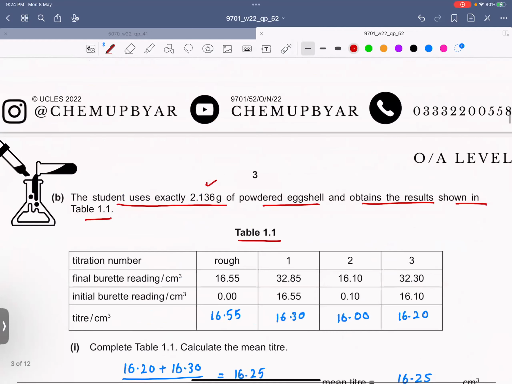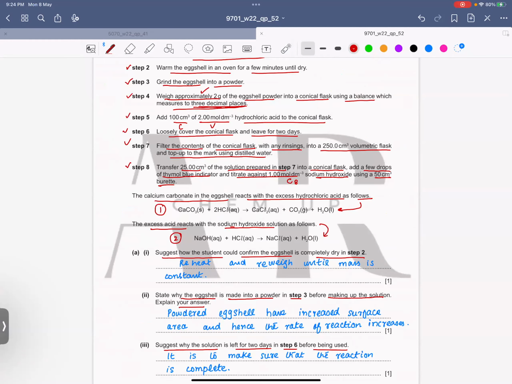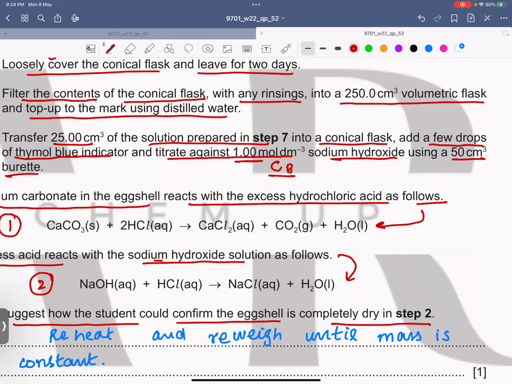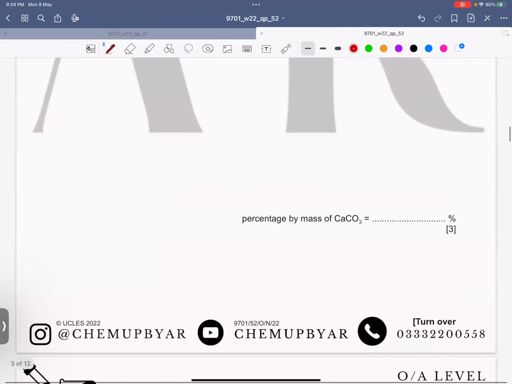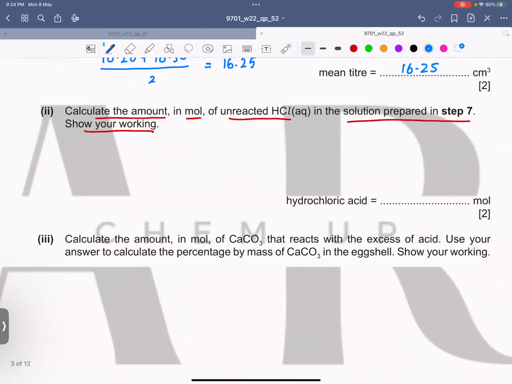And what is the concentration of sodium hydroxide that we have used? Here we have 1 mole per dm cube sodium hydroxide. Okay. So first, we would find the moles of sodium hydroxide.